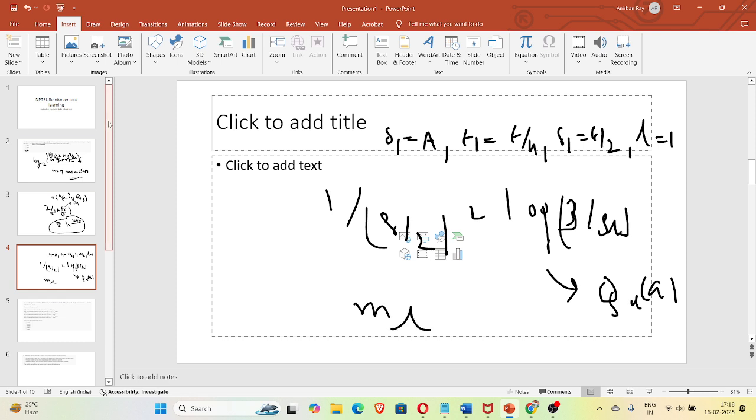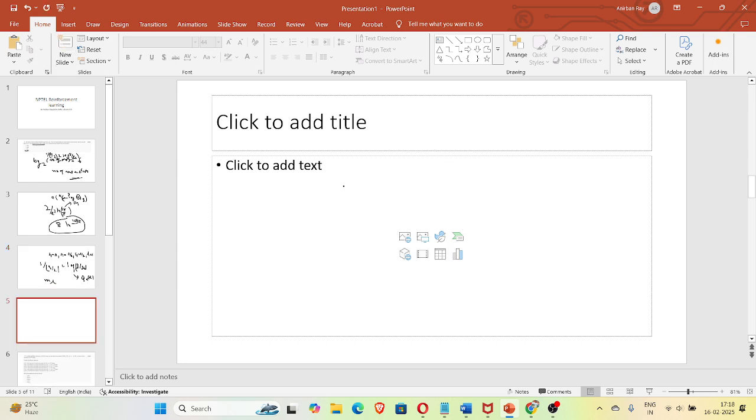So next we write that, as you can see, S_1 started with the number of bandit arms.